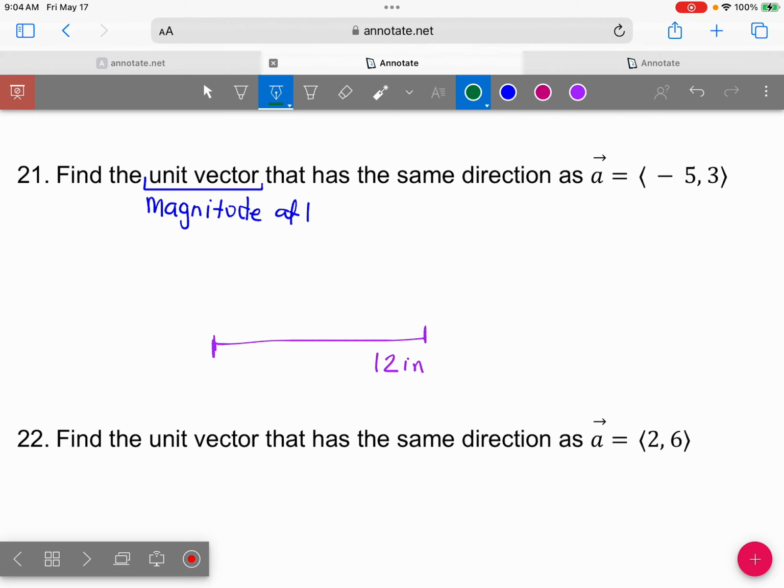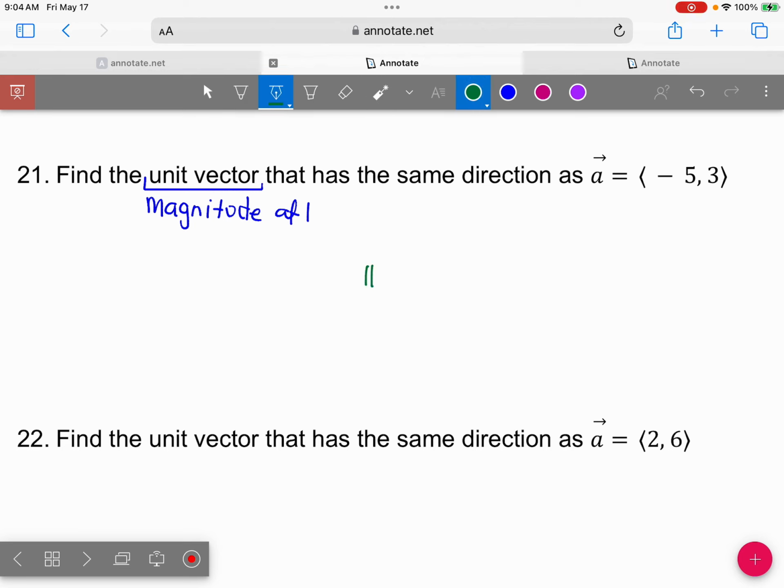We would divide by 12. So we're dividing by the total length. So when we're looking at a vector and I want to get a unit vector, I'm going to take the length or magnitude and we're going to divide each piece by that magnitude to make it be down to 1. So we're going to start with finding the magnitude of A.